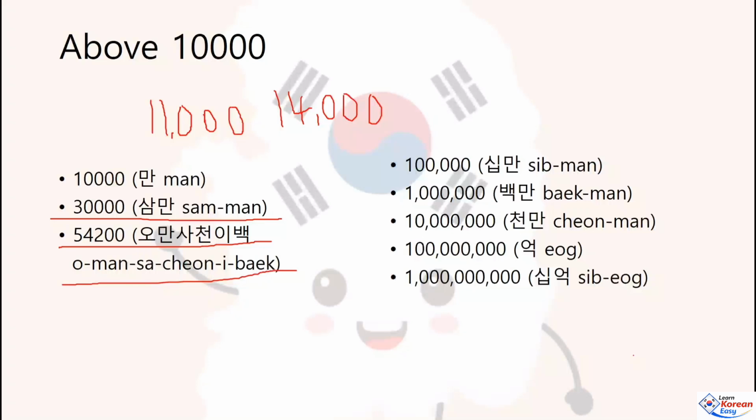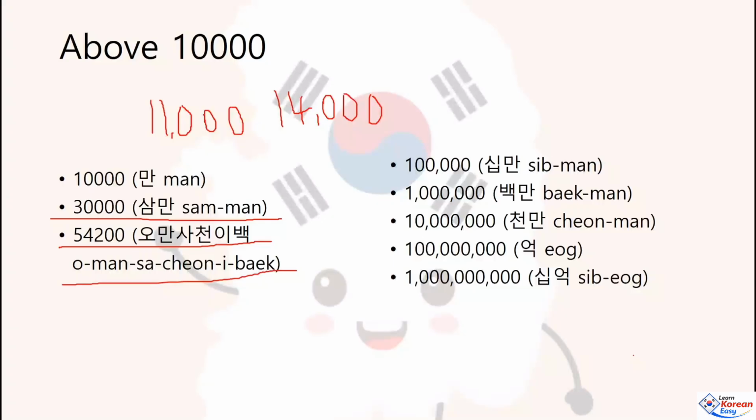Well, in Korean, and is like 그리고. But when we count numbers, we don't say 54,000 그리고 200. No, we don't say that. We just go 54,200. That's it. Just plain and simple.